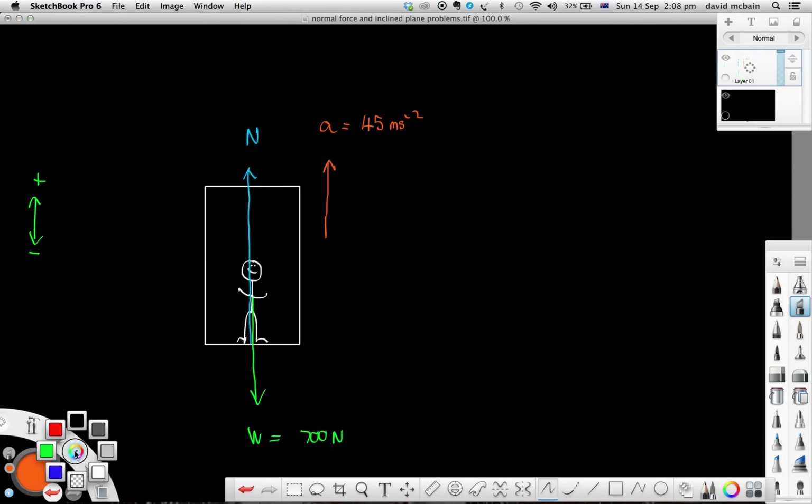So let's work out what that net force is. The net force, using Newton's second law, will be ma, which will equal 70 multiplied by 45, which equals 3,150 newtons.